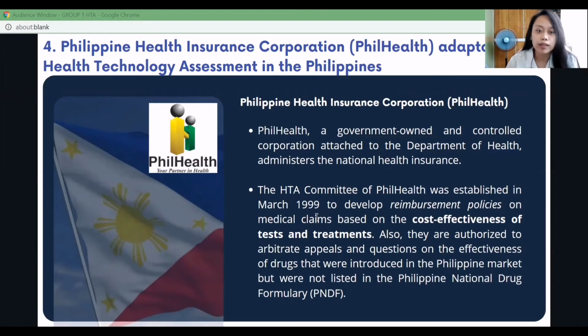The HTA Committee of PhilHealth was established in March 1999 to develop reimbursement policies on medical claims based on the cost effectiveness of tests and treatments. Also, they are authorized to arbitrate appeals and questions on the effectiveness of drugs that were introduced in the Philippine market but were not listed in the PNDF, or Philippine National Drug Formulary.